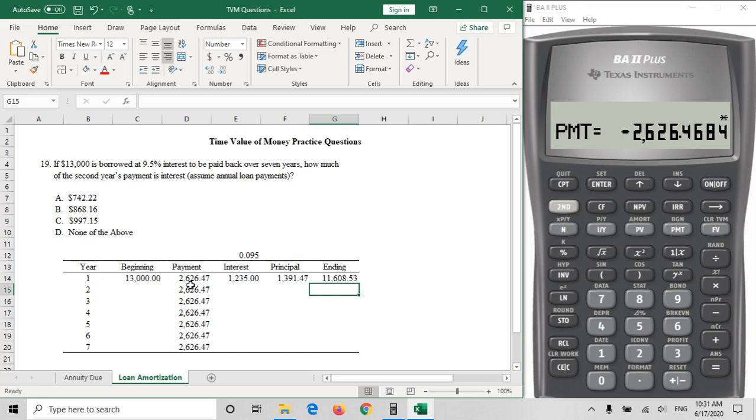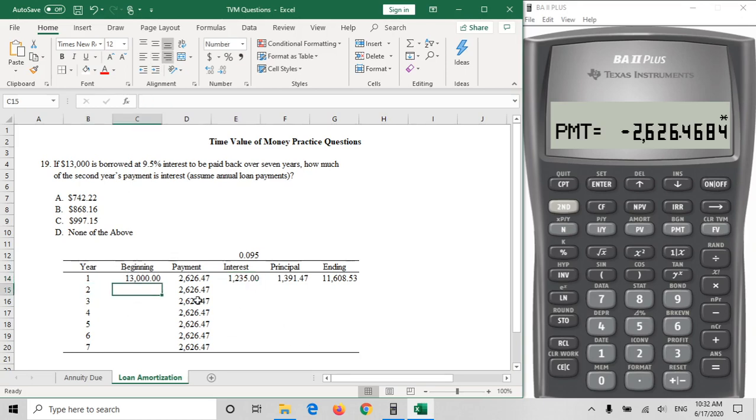So even though you pay 26, you only pay $1,391 on your beginning balance. Interest, you need to pay because you borrowed the money, okay?